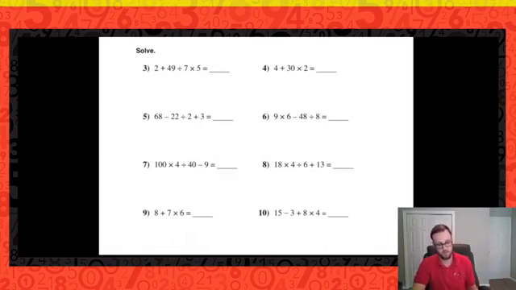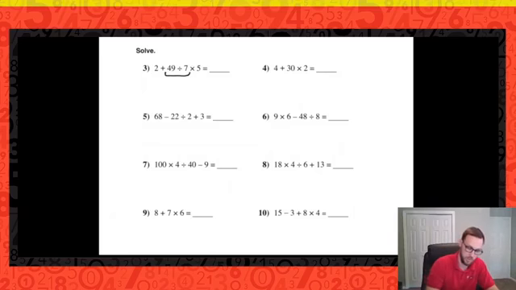Okay, let's get some more practice. Number 3. What's the first thing that we're going to do? Multiplication, division, addition, subtraction from left to right. Yep, very good. First thing we'll do is 49 divided by 7.